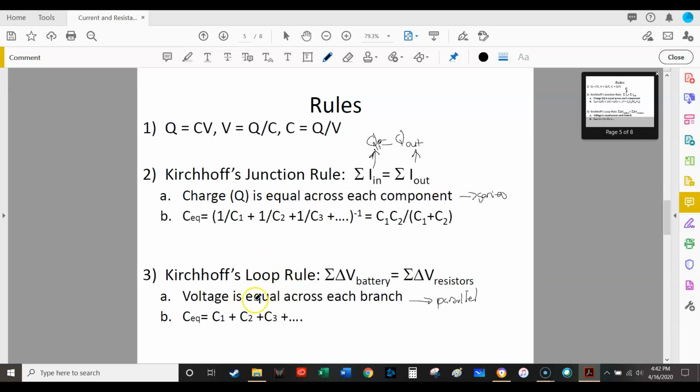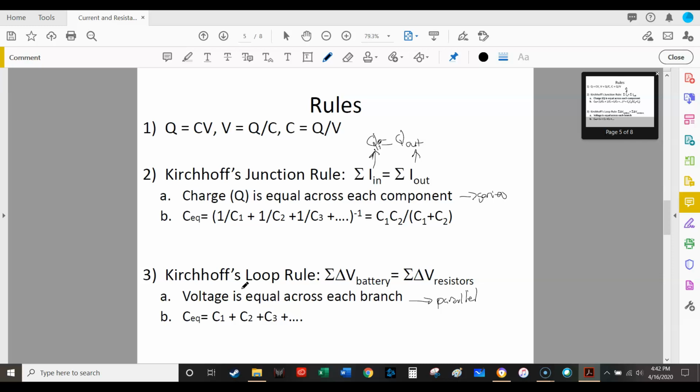And here, Kirchhoff's rule still hasn't changed. If you have two capacitors, or a capacitor and a battery, that are in parallel with each other, and you know the voltage on one of those, it's the voltage on the other.